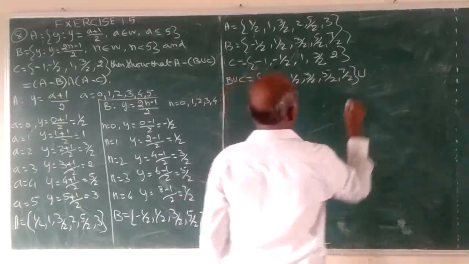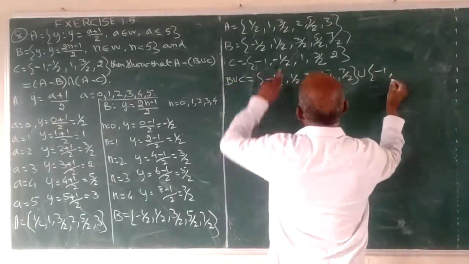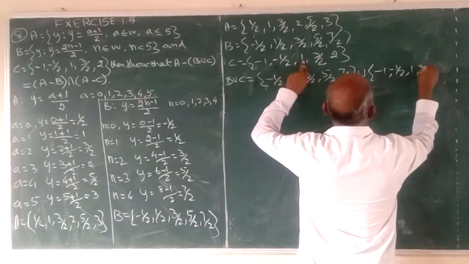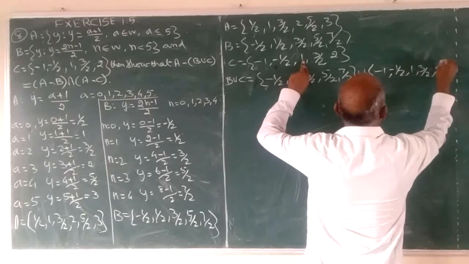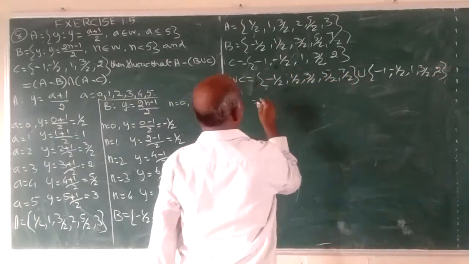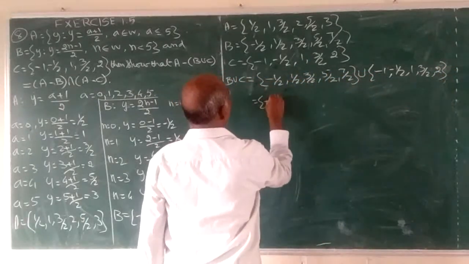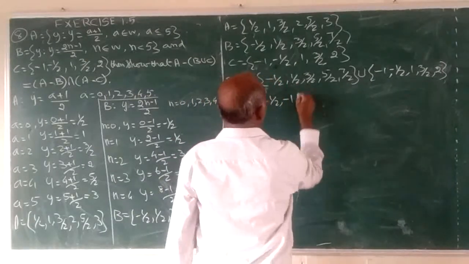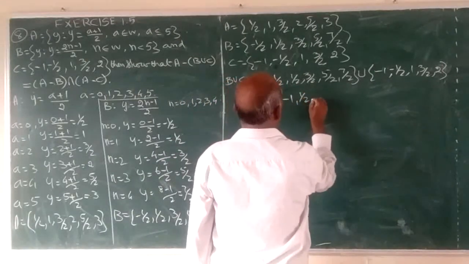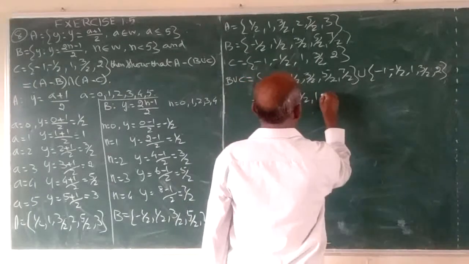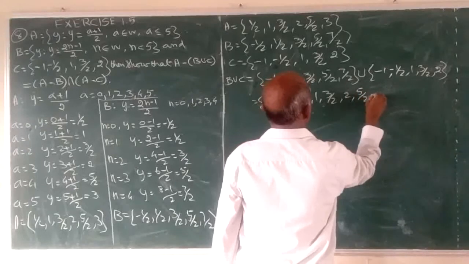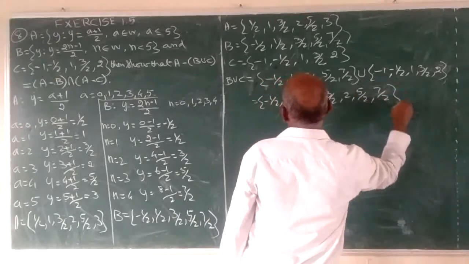Union C: minus 1, minus 1 by 2, 1, 3 by 2 and 2. Find the combination: minus 1 by 2, minus 1, then 1 by 2, 1, 3 by 2, then 2, 5 by 2 and 7 by 2.